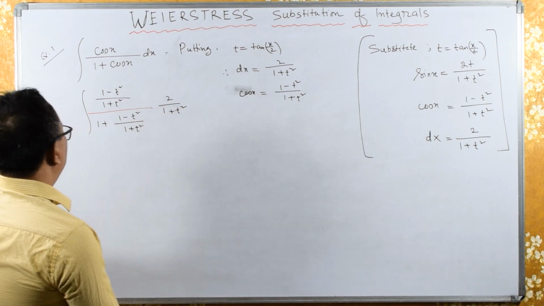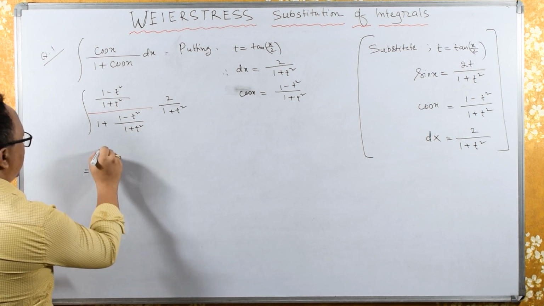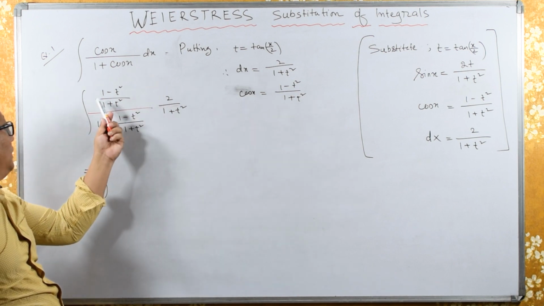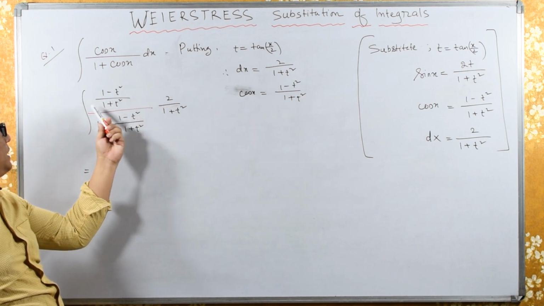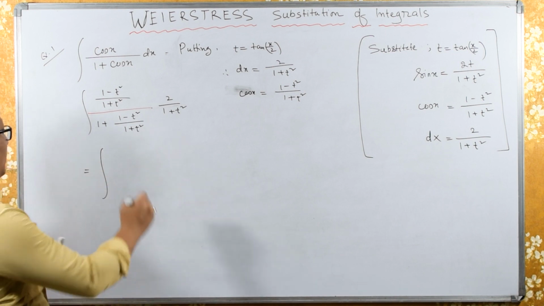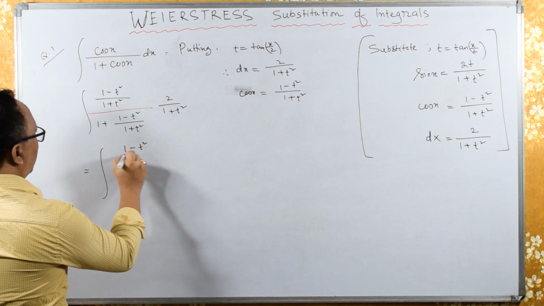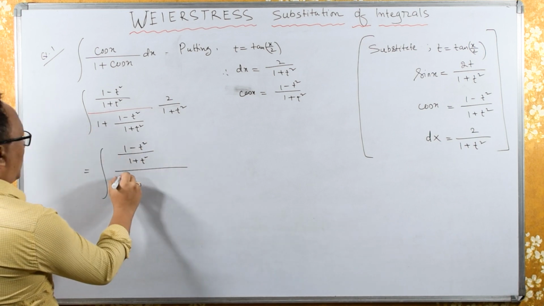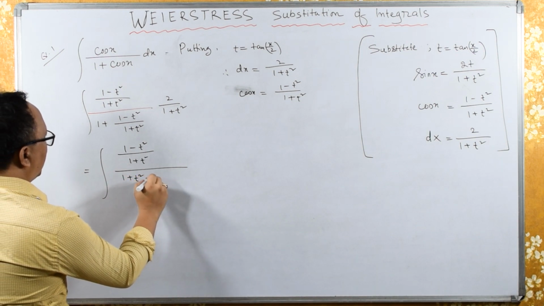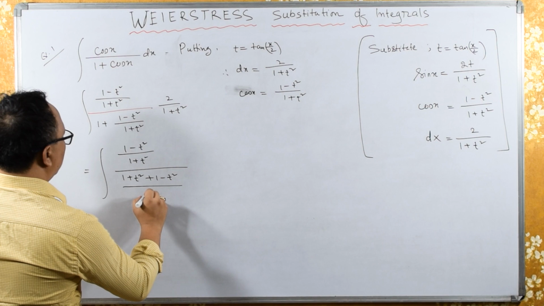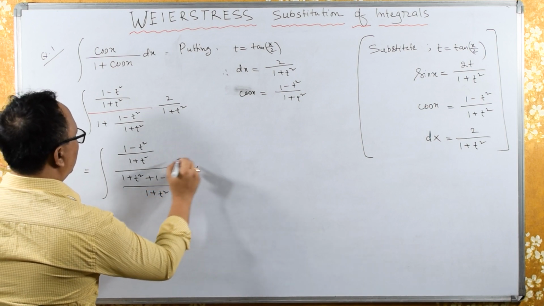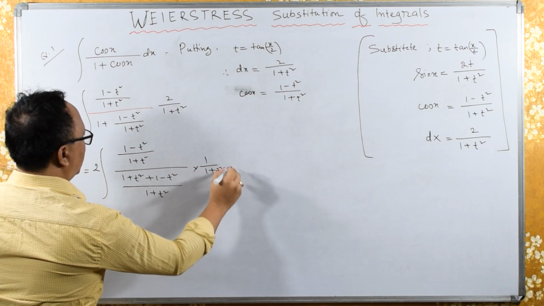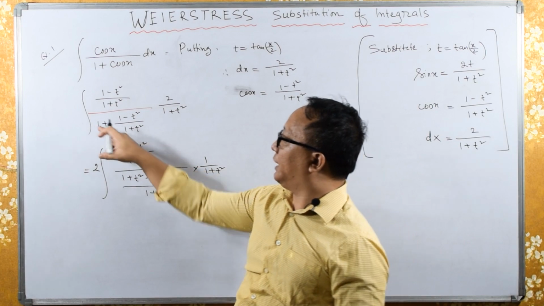Now if I take the LCM over here, the 1 plus t square and 1 plus t square get cancelled. I write here 1 minus t square upon 1 plus t square. I take the LCM here, 1 plus t square plus 1 minus t square upon 1 plus t square, and the 2 upon 1 plus t square I can send outside.